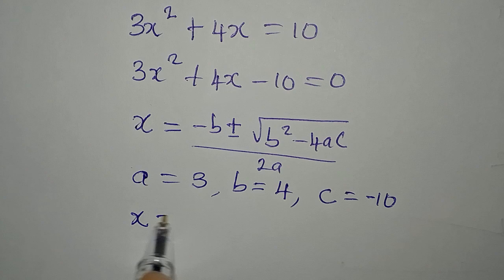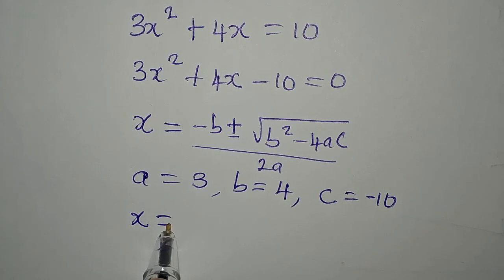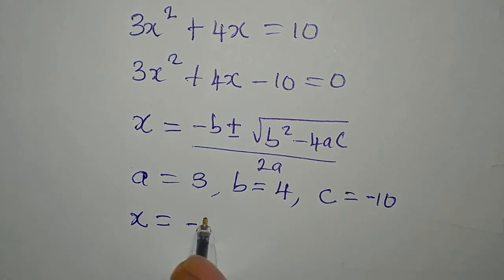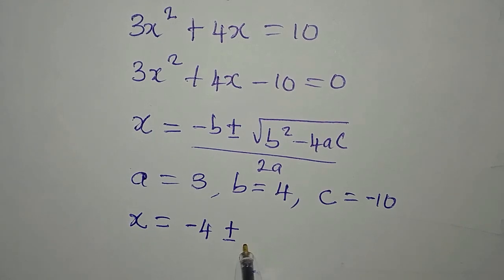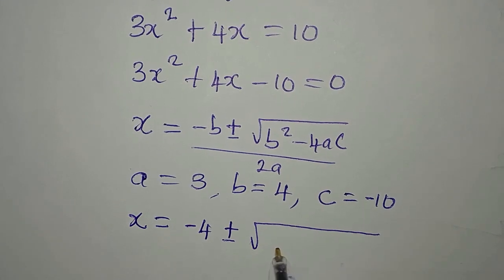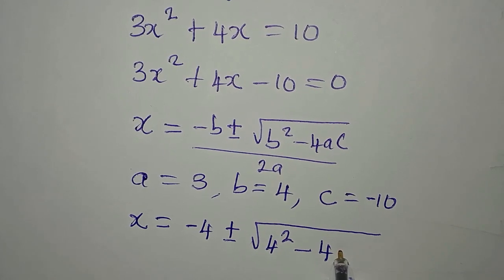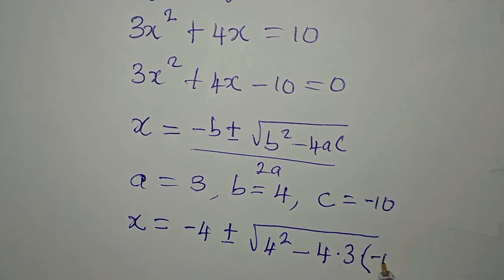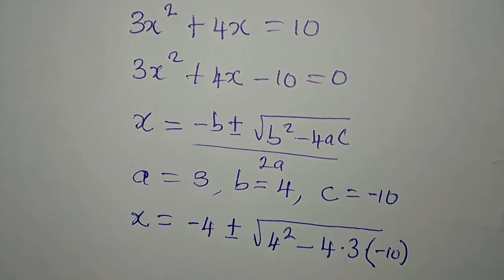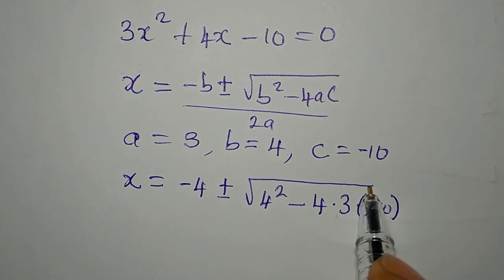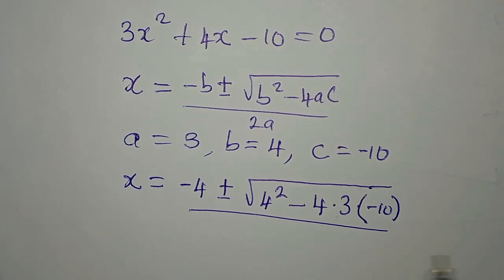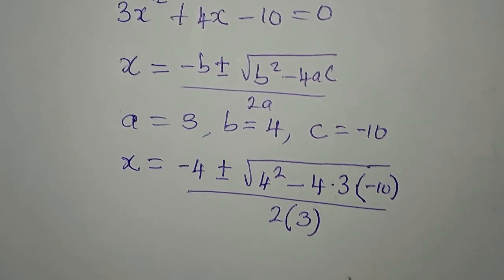Now, x is equal to minus b becomes minus 4 plus or minus, then b squared becomes 4 squared, minus 4 times a is 3, and c is minus 10. Okay, so this is what it is. And then we divide this by 2 times 3 because a is 3.